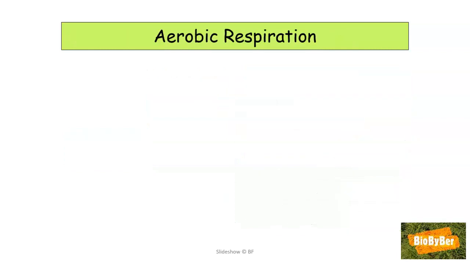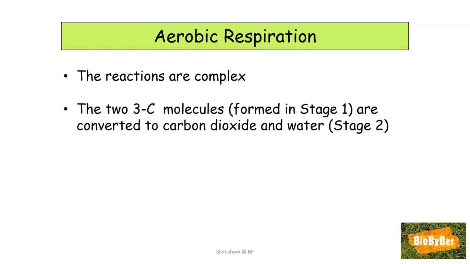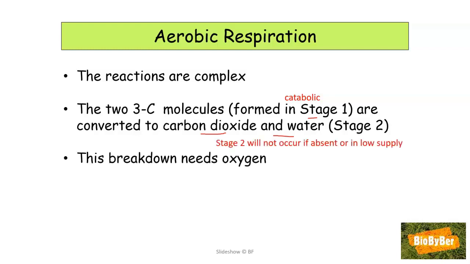Now, these are the main points of a simple description of aerobic respiration, but do we need to add anything else? Well, we need to realise that the reactions are complicated. The 2 3-carbon molecules formed in stage 1, like we said, are converted to carbon dioxide and water. In order for this to happen, the breakdown needs oxygen. It is a catabolic reaction. Stage 2 will not occur if oxygen is absent or is in low supply.